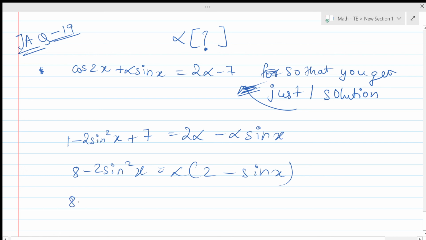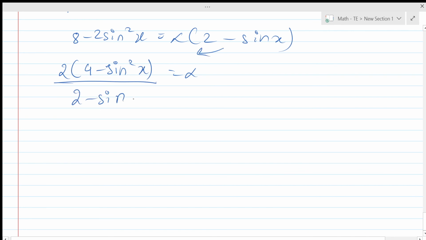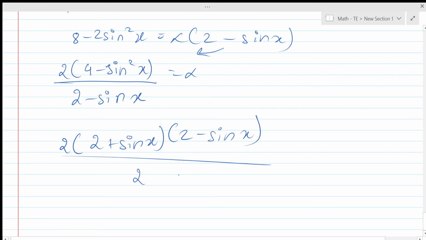Now I'm going to do it a bit quick because this is getting lengthy and conservation of time is very important. I'm just skipping a few steps. I'm bringing this (2 minus sine x) to the LHS. 2 times (2 plus sine x)(2 minus sine x), because 4 minus sine square x is 2 square minus sine square x, a square minus b square, so a minus b times a plus b is the formula, upon 2 minus sine x.